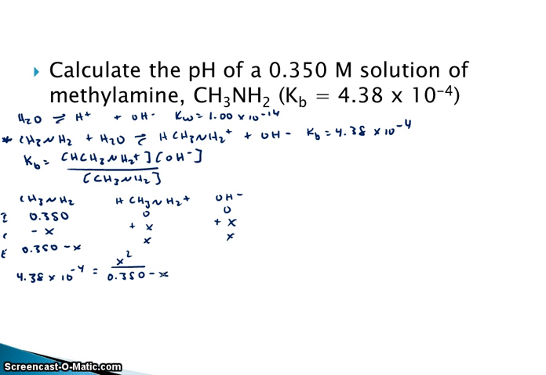And again, we're going to assume that our X is insignificant to make the problem easier, and then we'll prove that by using our 5% rule. So we'll say this X is insignificant. We're going to multiply both sides by 0.350, take the square root of both sides, and that will give us our value for X. So our X value will equal 1.24 times 10 to the minus 2, and that's our concentration of our methylamine ion.